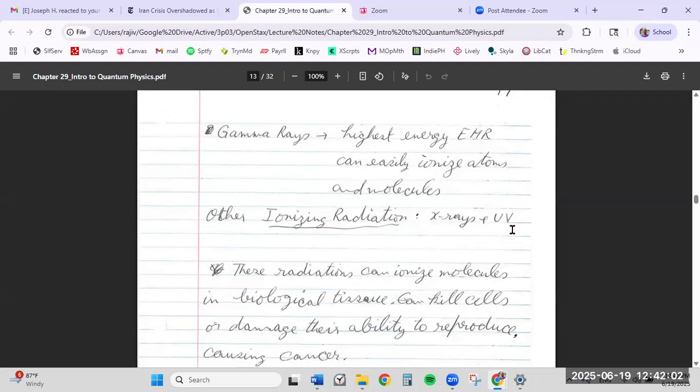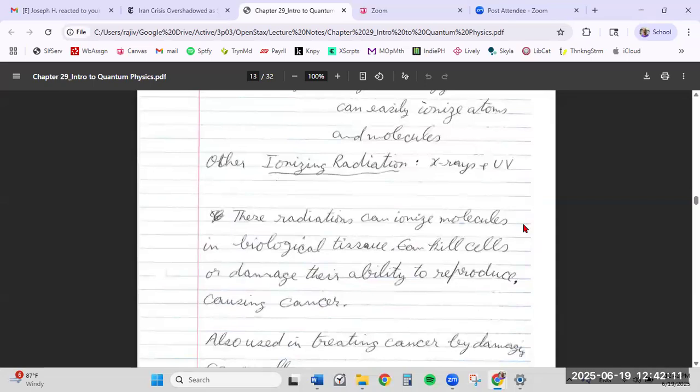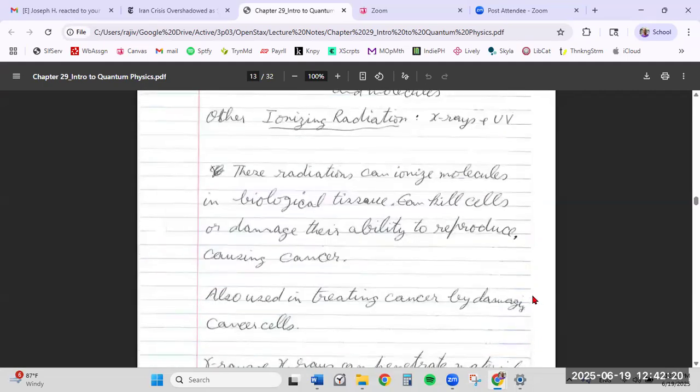So X-rays and ultraviolet rays are also able to ionize atoms. These radiations can ionize molecules in biological tissues. They can kill cells or damage their ability to reproduce, and that's what causes cancer.